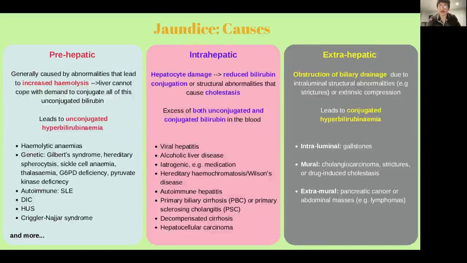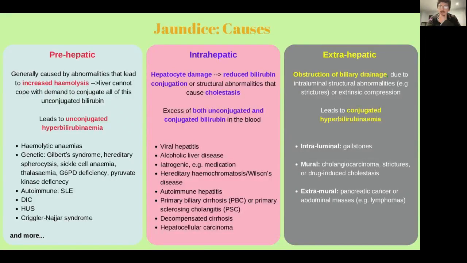Extrahepatic, so anything that obstructs the bile. If you cannot conjugate bilirubin, so just a question here from Zane. If you cannot conjugate bilirubin in Crigler-Najjar, would that not make it intrahepatic? I guess that's a good question. I think it's mainly classed as prehepatic because you get a purely unconjugated hyperbilirubinemia.